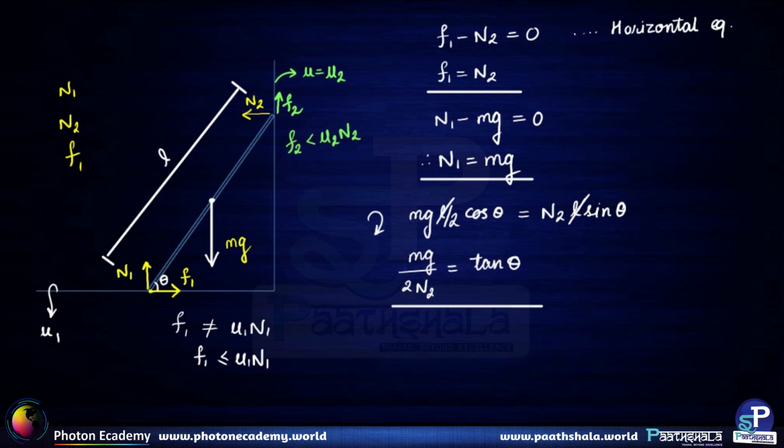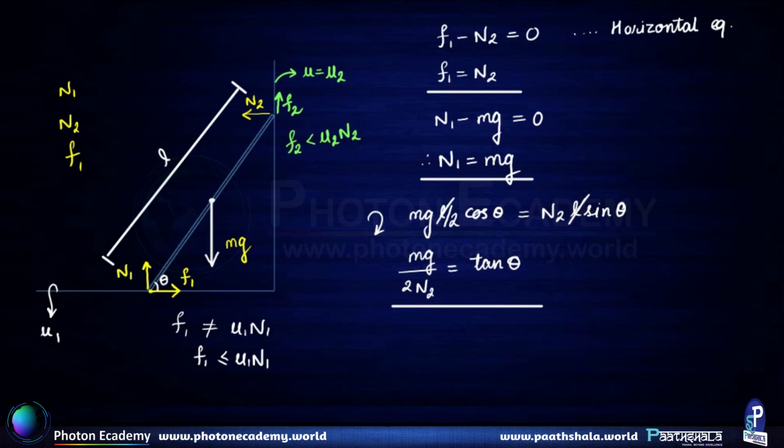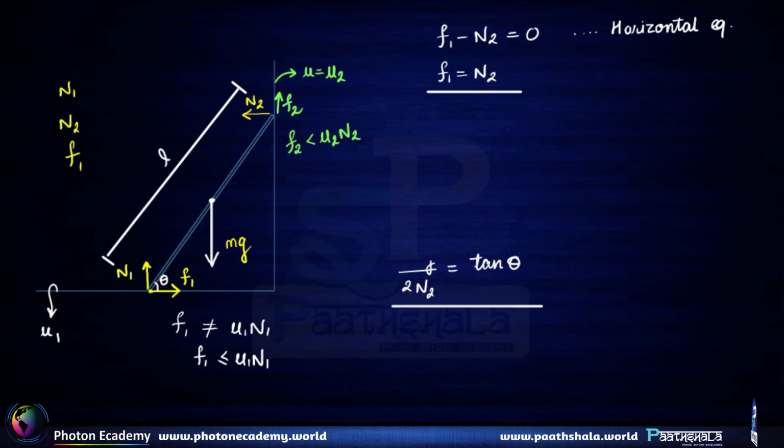Let me analyze this situation as well. Let us say if there was a force F2 as well, then in that particular case, the equations that we have written for horizontal and vertical equilibrium would also have to be changed. The horizontal equilibrium equation will actually remain the same. The vertical one and the torque equation need to be changed.